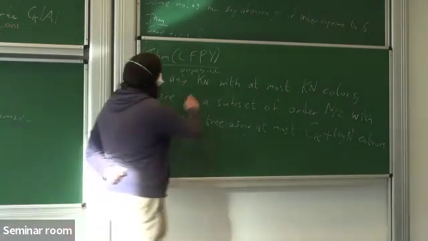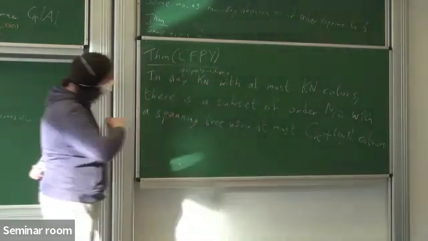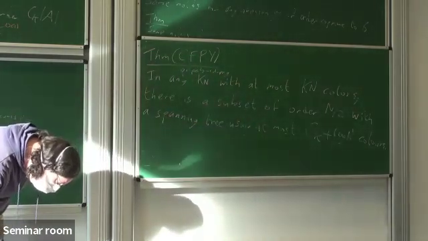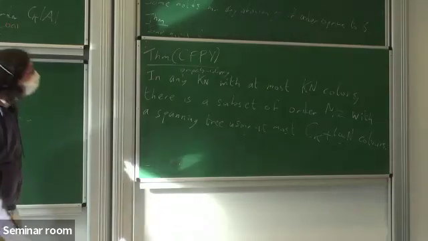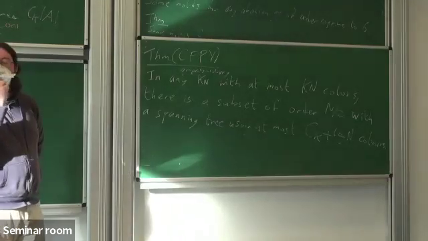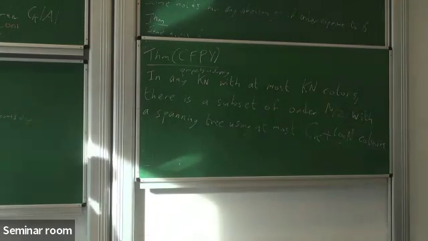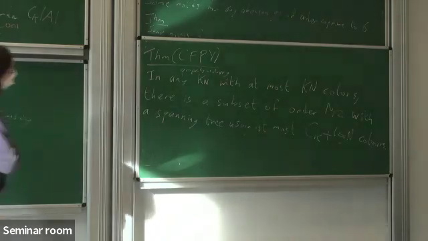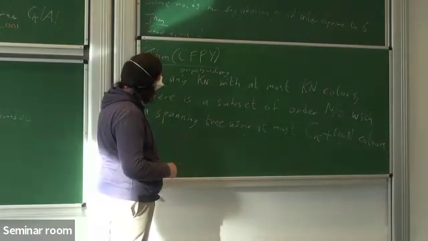Yes, so for every proper coloring with at most kn colors, there's a subset of order n/2 with at most that many colors. So basically you can find a tree that doesn't use very many colors. What was your question again? I was just wondering what we color. Oh, you're coloring the edges.